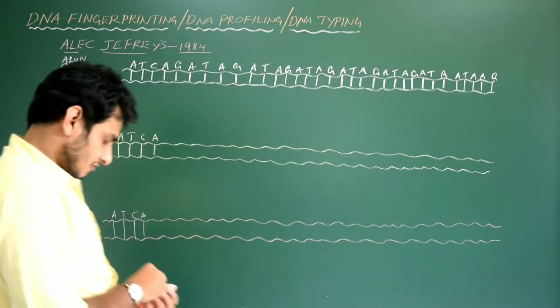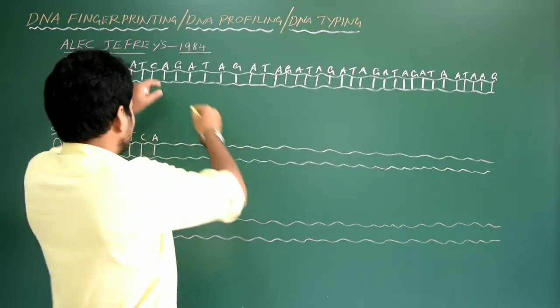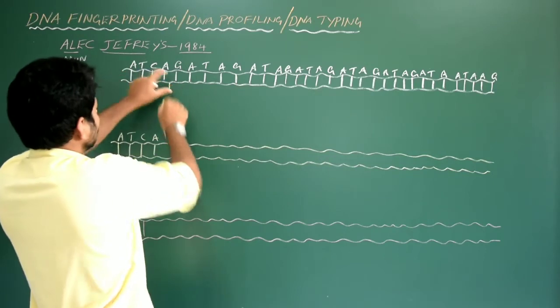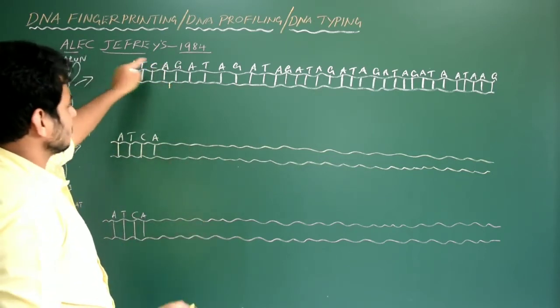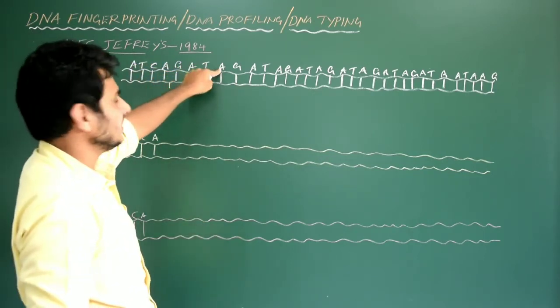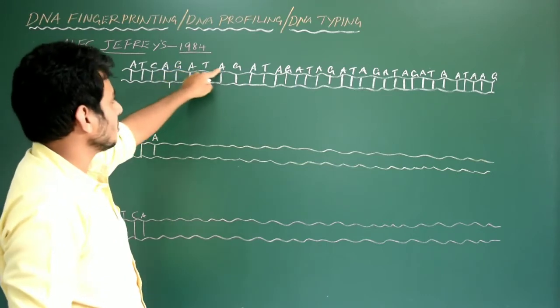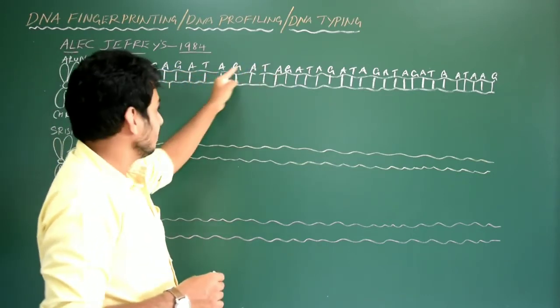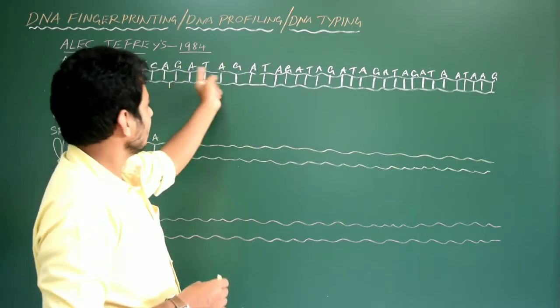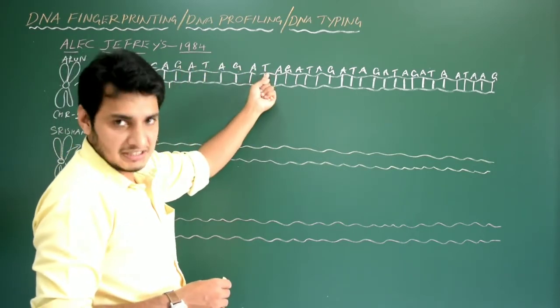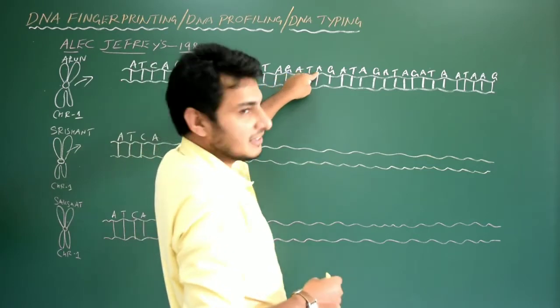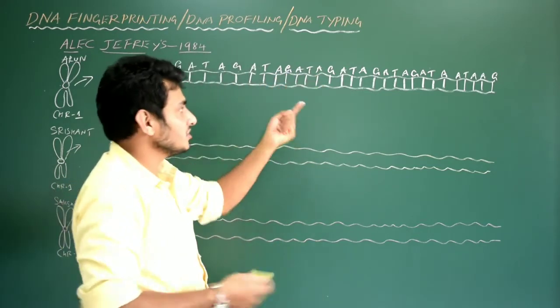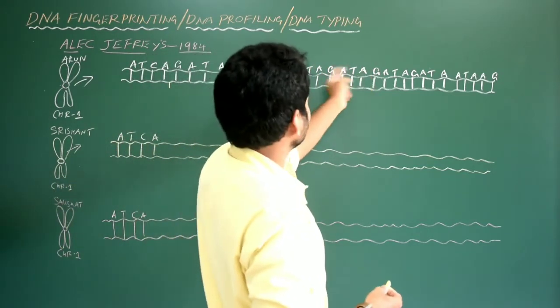Now from here you just have to ignore this. From here onwards, GATA, even though these nucleotides are entirely different, GATA, that means 4 nucleotides, GATA, is repeated again. Again from here, GATA, the 3rd time. Again the 4th time, GATA.